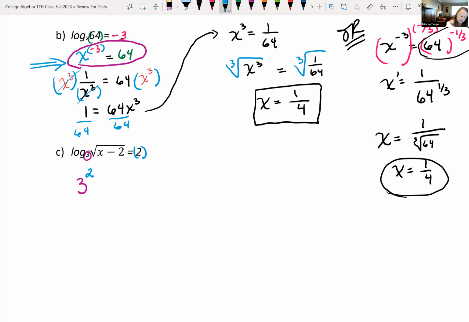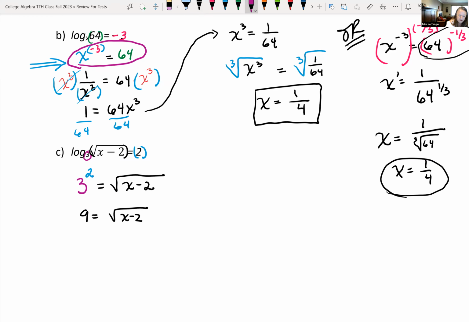So this is 3 squared is equal to our argument, what you were taking the log of, which is the square root of x minus 2. I can rewrite 3 squared as 9. So 9 is equal to the square root of x minus 2.